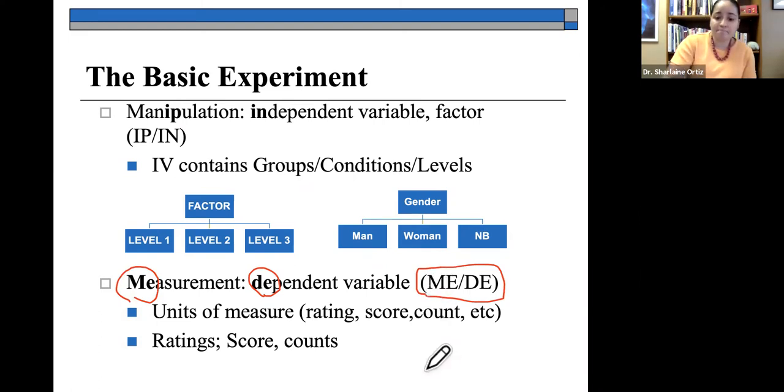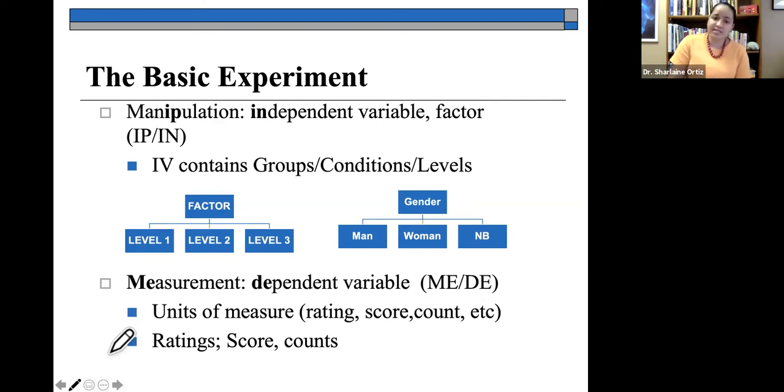In the sense of a dependent variable, the whole point is for us to identify that measurement, to see whether there was indeed a difference between persons who received the treatment, i.e. medication, or participants that did not receive it. Let's look at units of measurement. How can we gather that data?